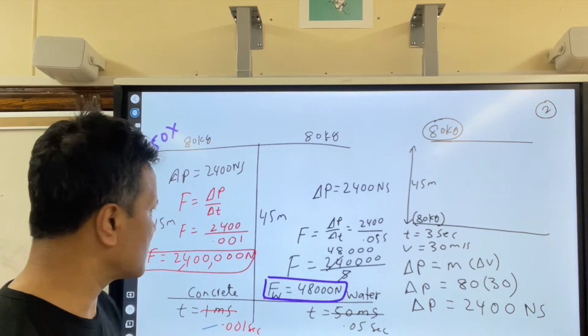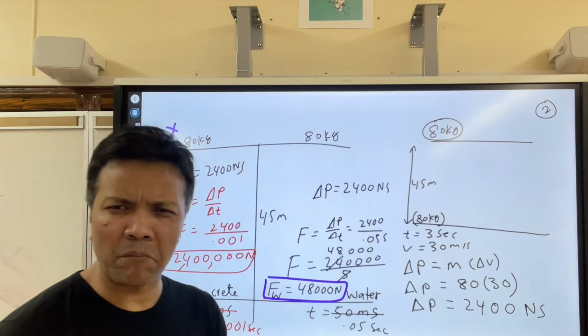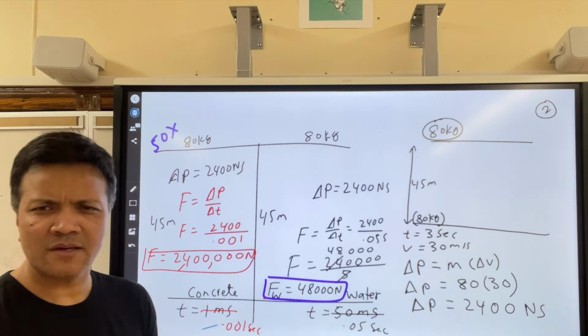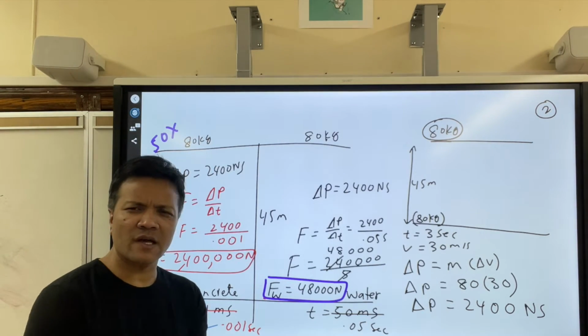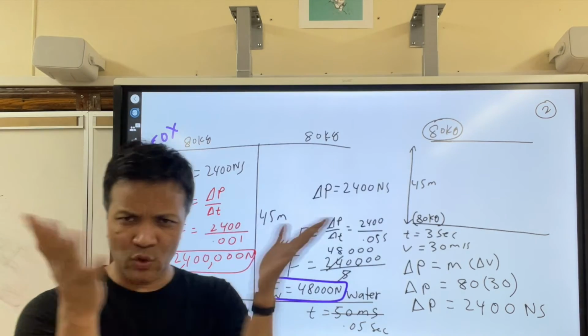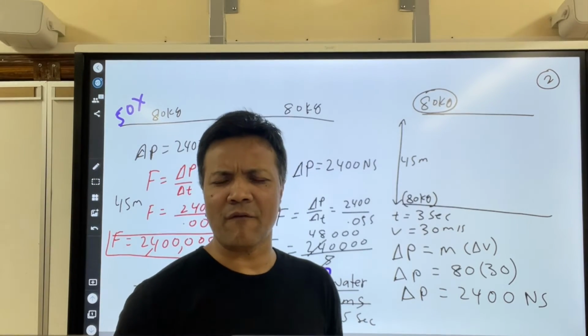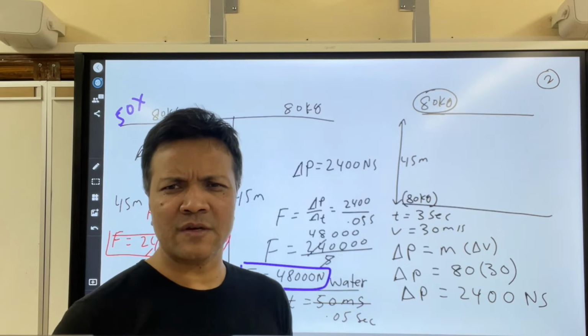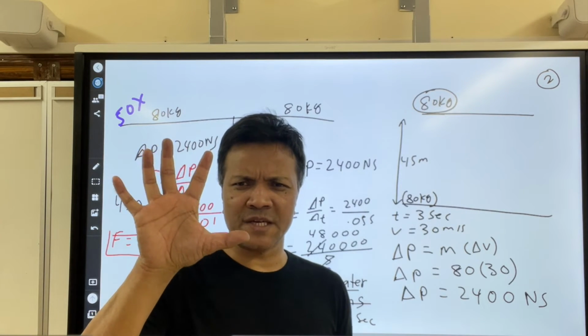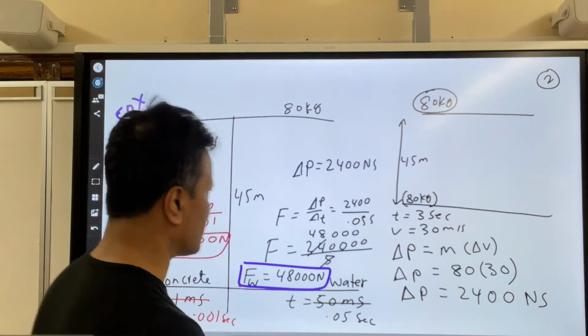Of course, landing on the water would be much safer than landing on concrete. Concrete landing would be 50 times worse. How many times? 50 times. Let's see why.